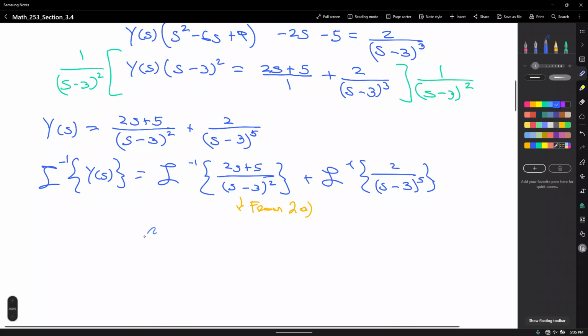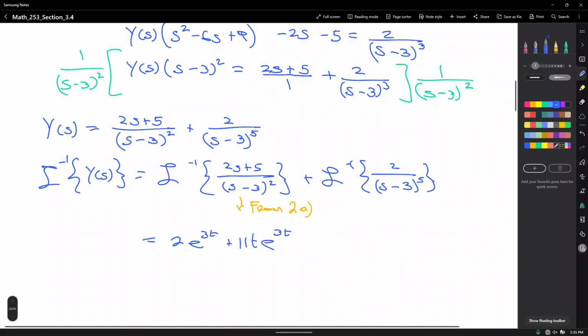From 2a, we get 2e to the, what is that? Not e to the negative 2t, no, e to the 3t, plus 11t e to the 3t. So that's the inverse transform from part A.